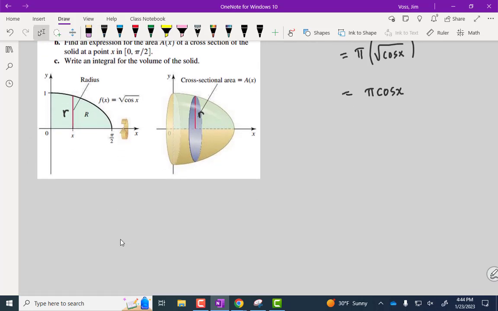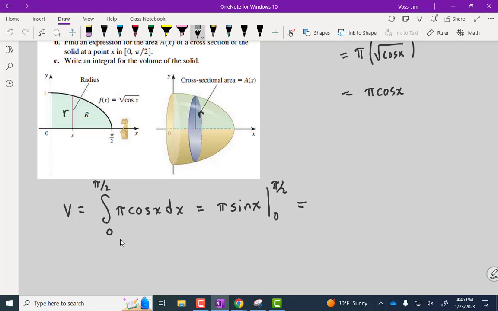Now, if we want to find the volume of this solid object, we will integrate from 0 to pi over 2 the cross-sectional area function. The antiderivative for cosine is sine, from 0 to pi over 2.